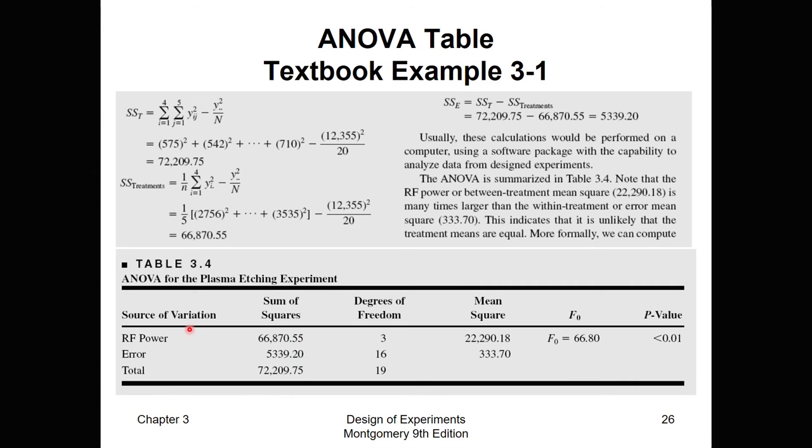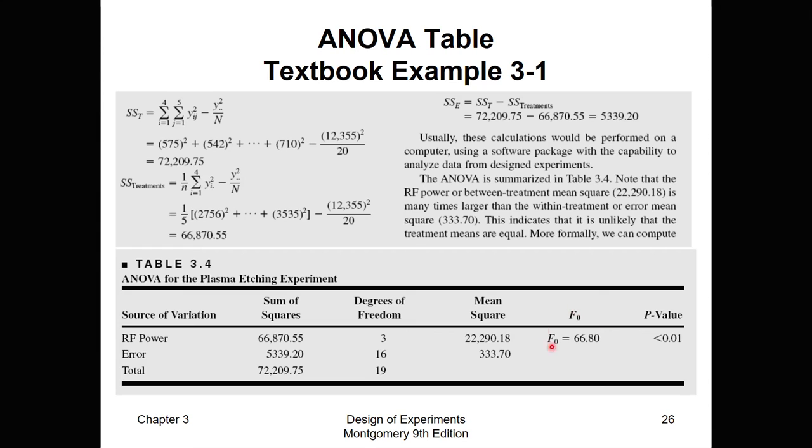I'll note that they list the variable name instead of quote-unquote treatment, and that's just fine. That's actually relatively common to do. And then they divide. 66,000 divided by 3 gives me roughly 22,000. Yeah, so that looks right. They take 5,000 divided by 16, get this 333 number. So they just literally took whatever was in the sums of squares divided by degrees of freedom to get the mean squared. Note that they don't do this for the total. That's not something we do for the total.